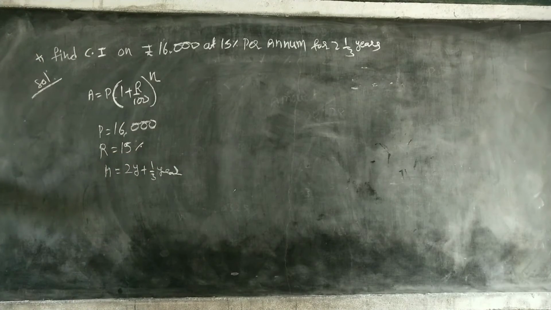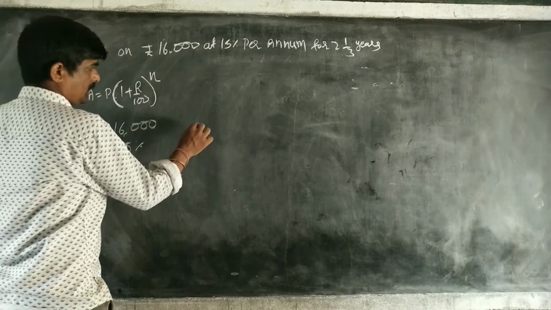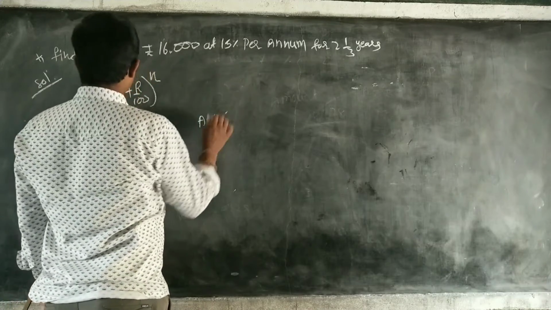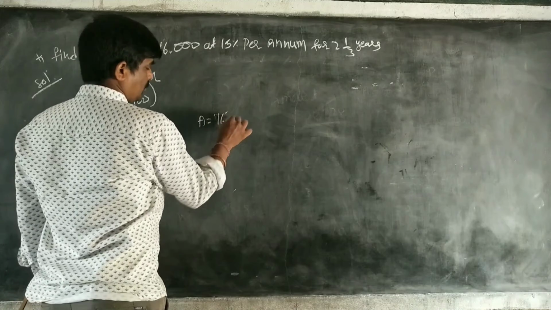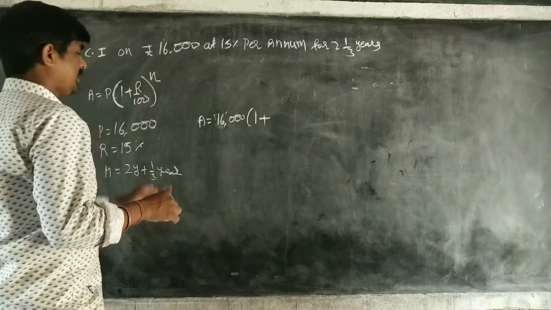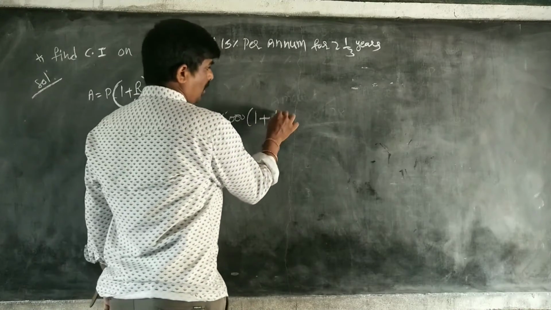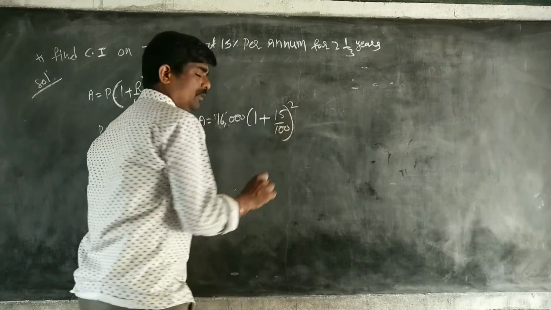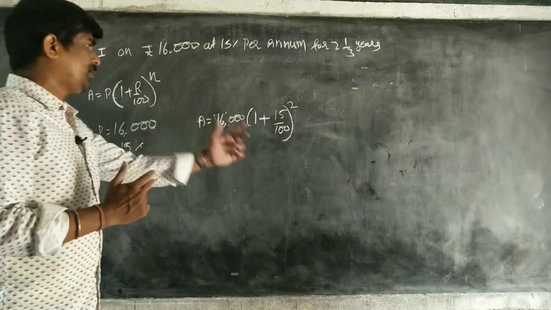Now we have to substitute in these equations. Amount A is equal to P into, so P is 16,000, into 1 plus rate of interest 15% by 100, whole power 2. Actually it is a complete cycle of 2 years.